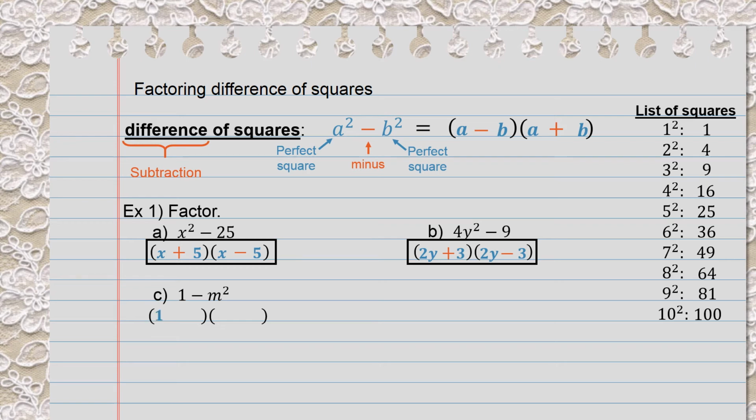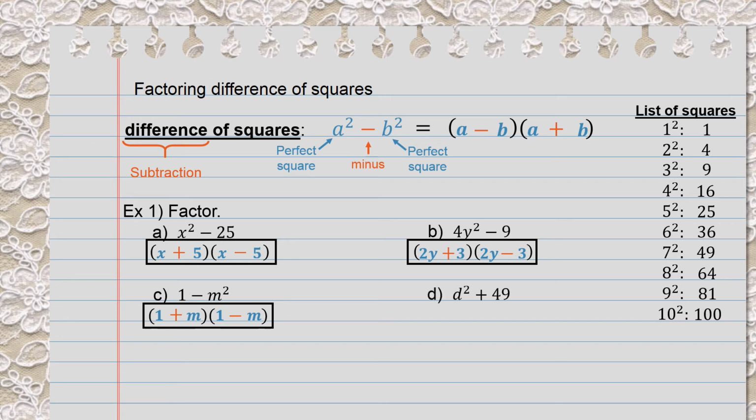What times itself gives you 1? 1. What times itself gives you m squared? That would be m. And then about our signs, one's a plus, one's a minus. And that would be your factored answer. 1 plus m times 1 minus m.